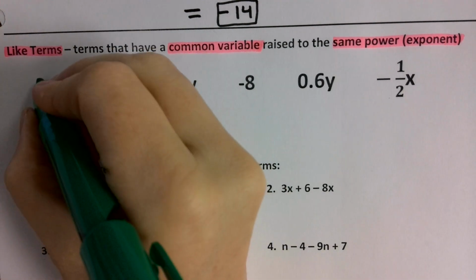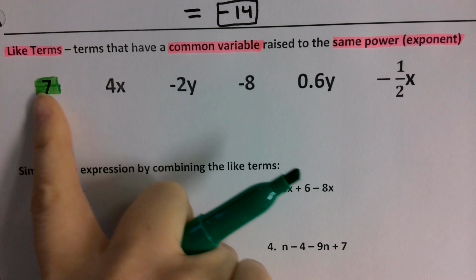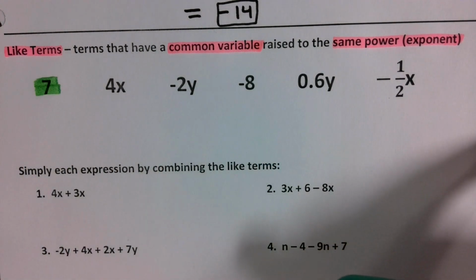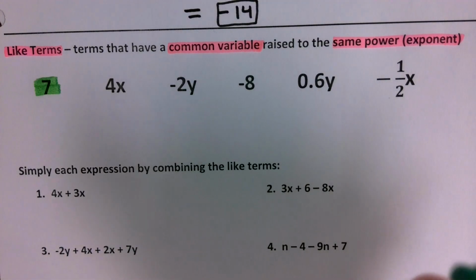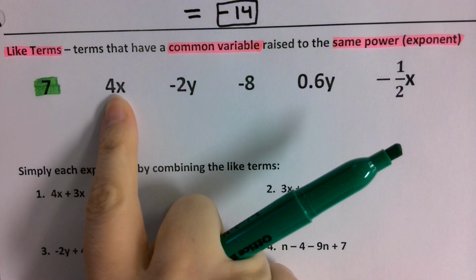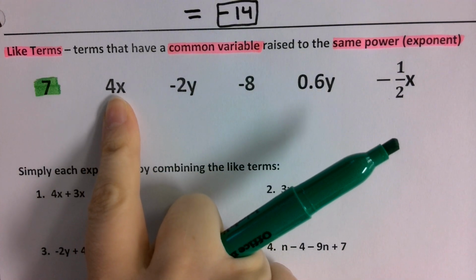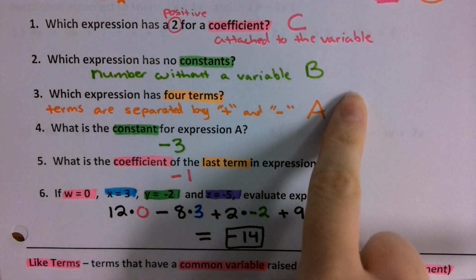This 7, I'm going to highlight in green because I know that it's a constant. Do I have any more constants up here? Yes or no? Some of you are saying yes, some of you are saying no. Well, is this a constant? No. What's a constant again? A constant is a number without a variable.